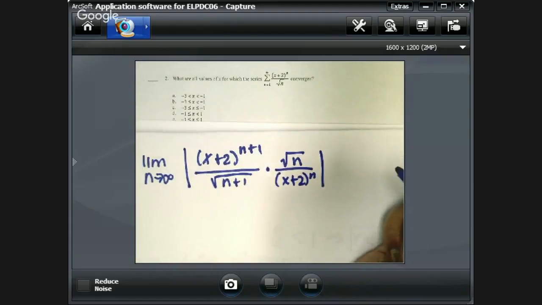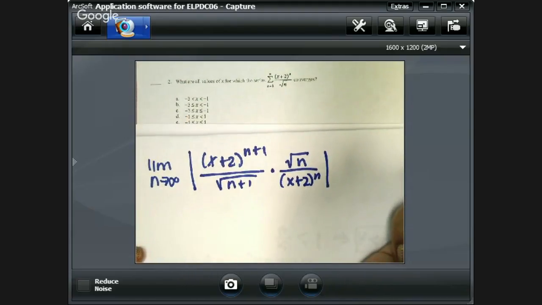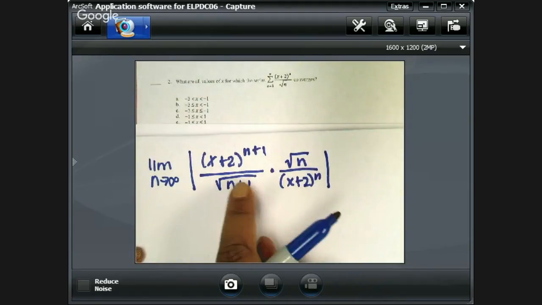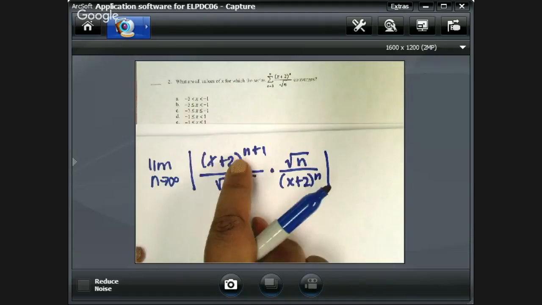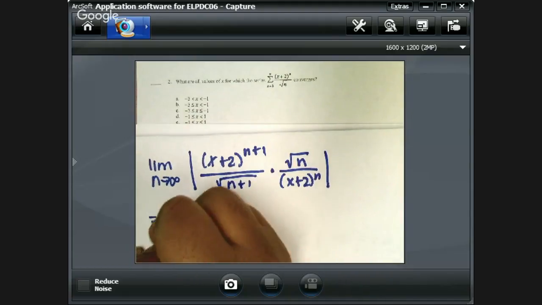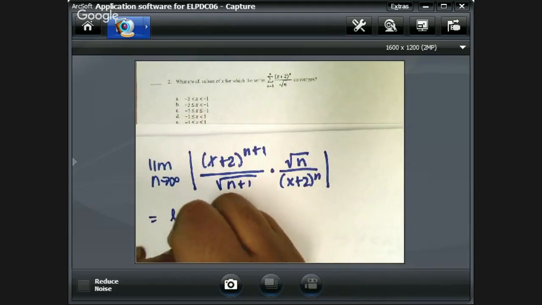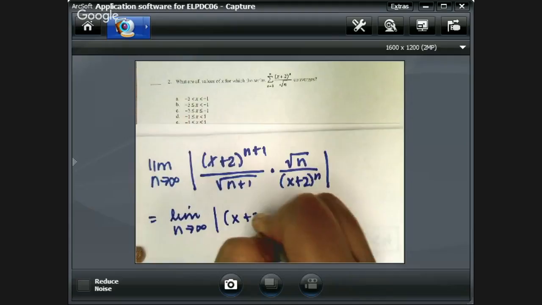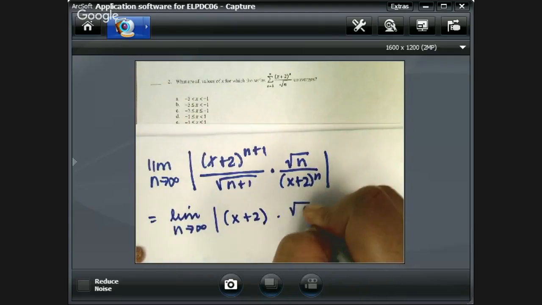Okay. This just looks a lot neater to me, and I can work through the problem a little bit quicker. So combining terms, the x plus 2 to the n plus 1 divided by x plus 2 to the n, that's going to be the limit as n goes to infinity of just x plus 2 times the square root of n divided by the square root of n plus 1.